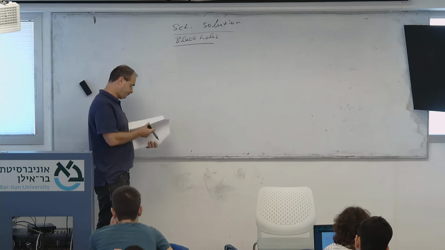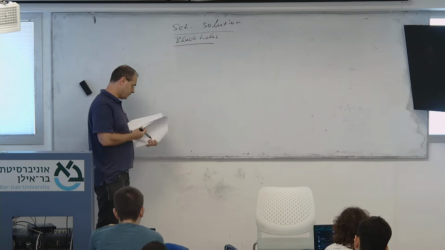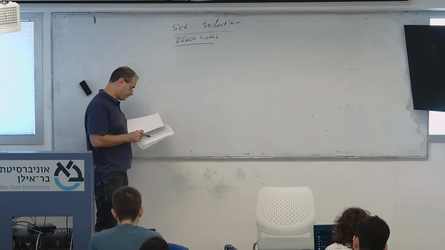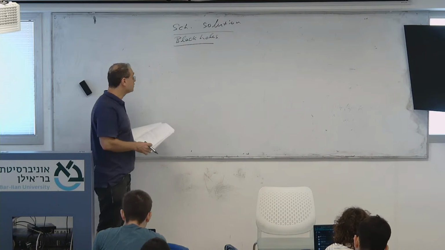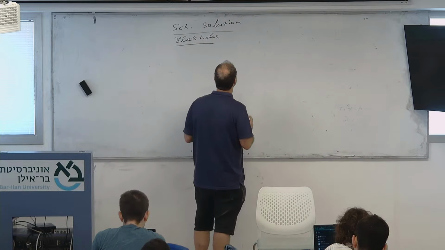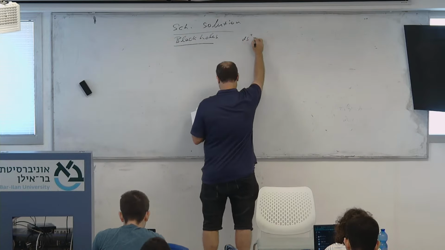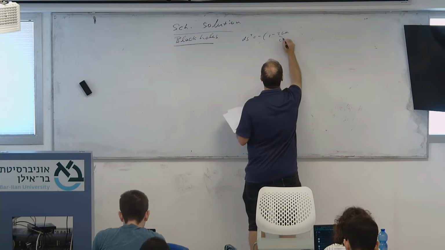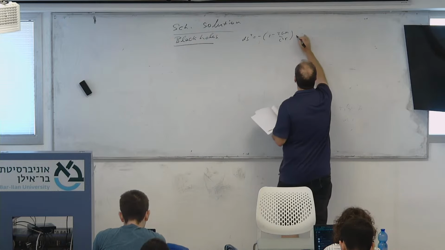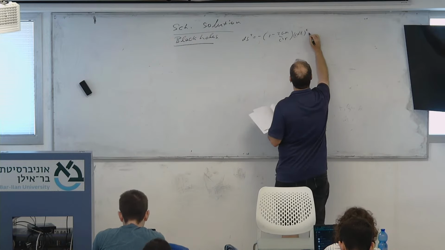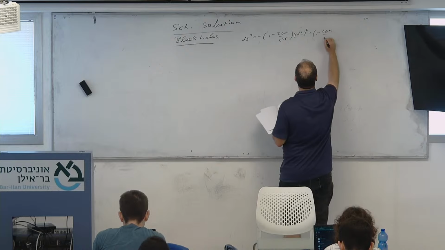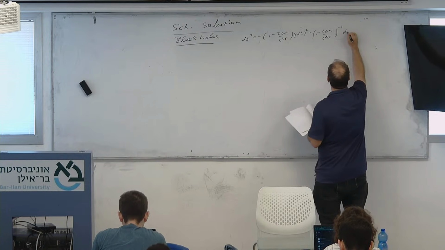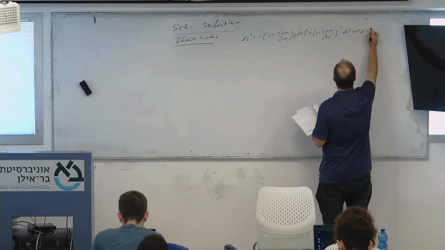So let's see what happens. I'm going to write down the Schwarzschild metric. ds squared is minus (1 minus 2GM over c squared r) c squared dt squared plus (1 minus 2GM over c squared r) to the minus 1 dr squared plus r squared d omega squared.